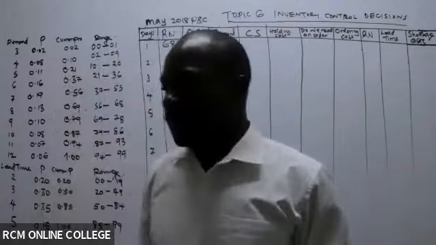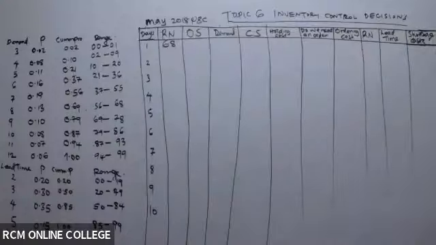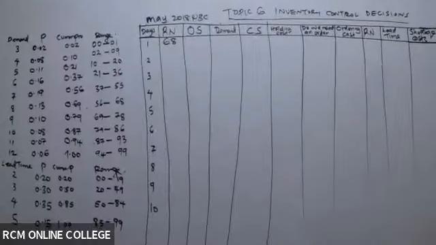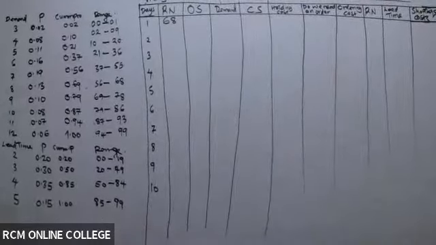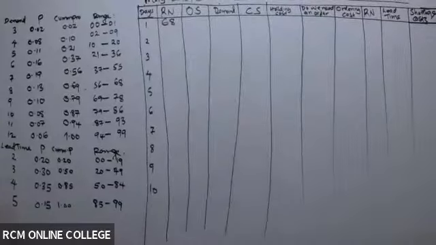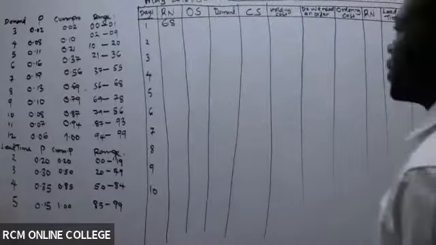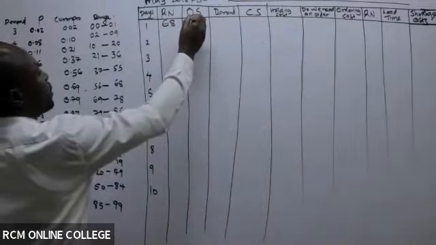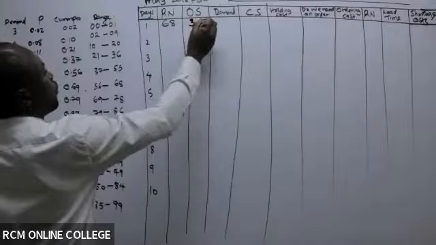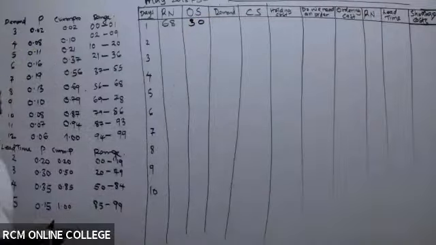Okay, the last part here, we are going to do it together, don't worry. I'm going to adjust the board so that we are able to see the last column. 30. So we are told opening stock is equal to 30 units. Good.